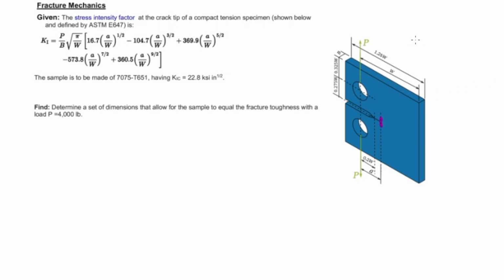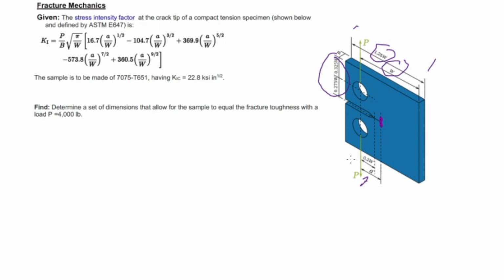So we can see here we have W defined, and then everything, well, other dimensions are provided relative to W. So we can see here the height of the sample is related to W, and then the total width of the sample is also related to W. Now A is an independent parameter, which is the distance from the applied load to the crack tip.